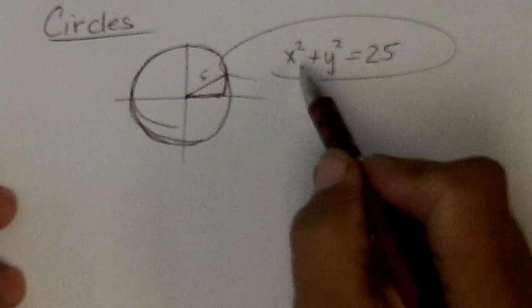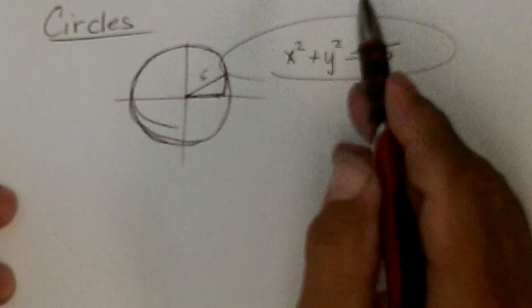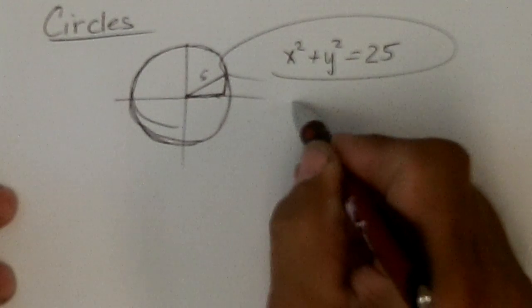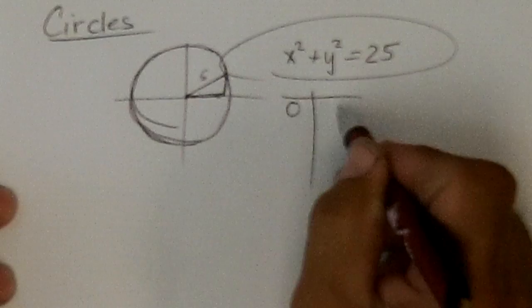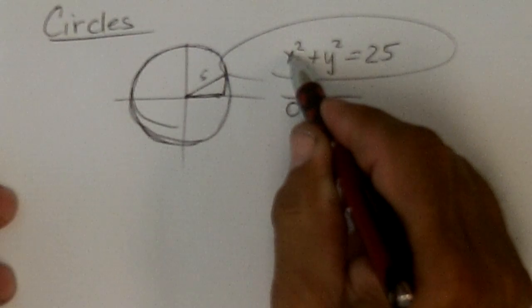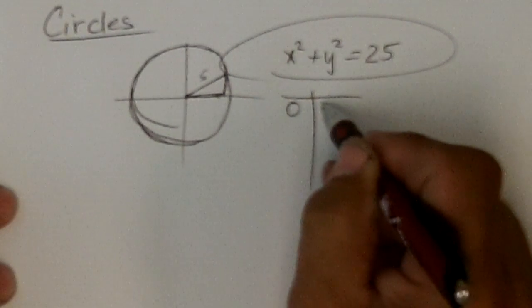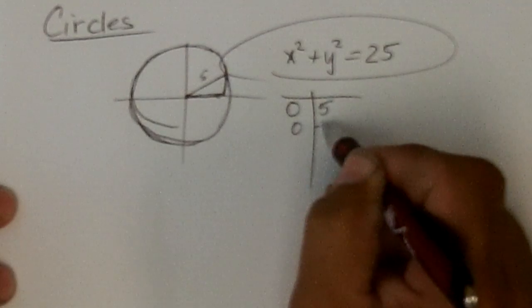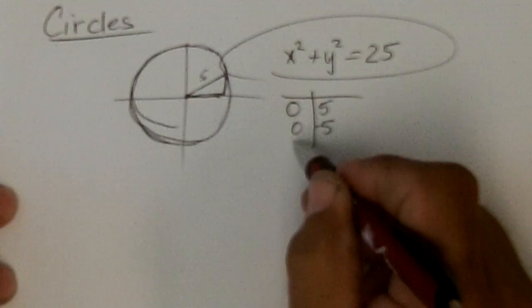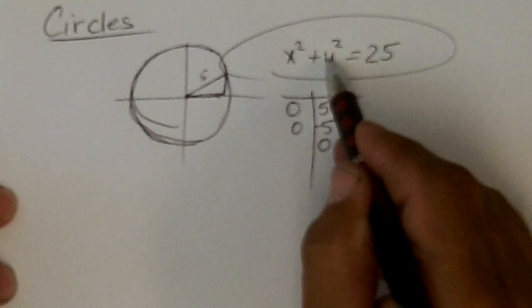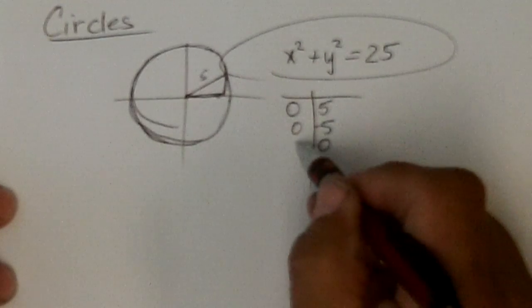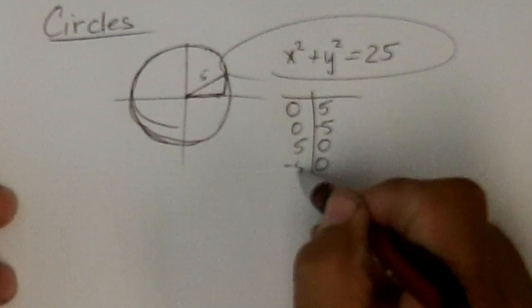Now, let's look at this. Let's get our intercepts first. If I put 0 in for x, y would be plus 5 or minus 5. If I put in 0 for y, x would be plus 5 or minus 5.